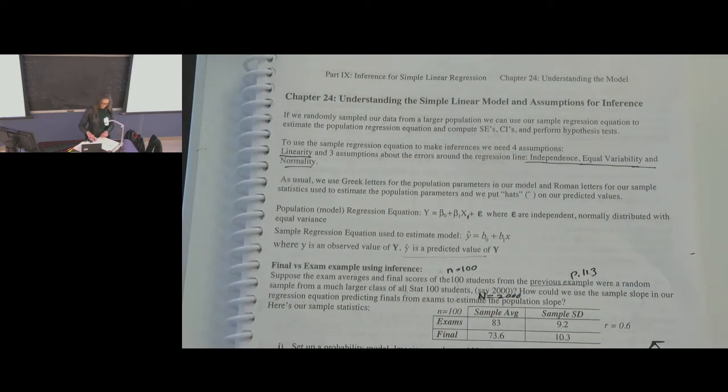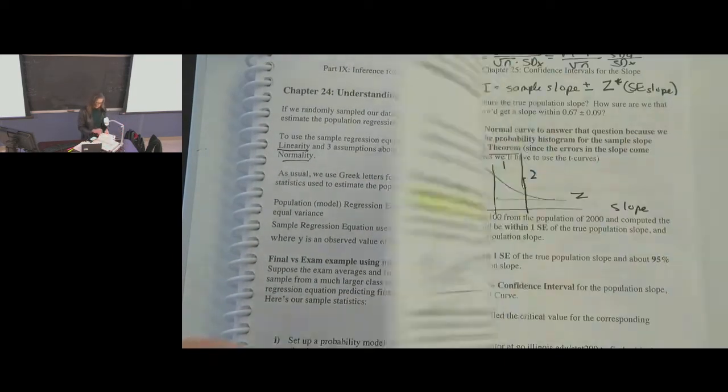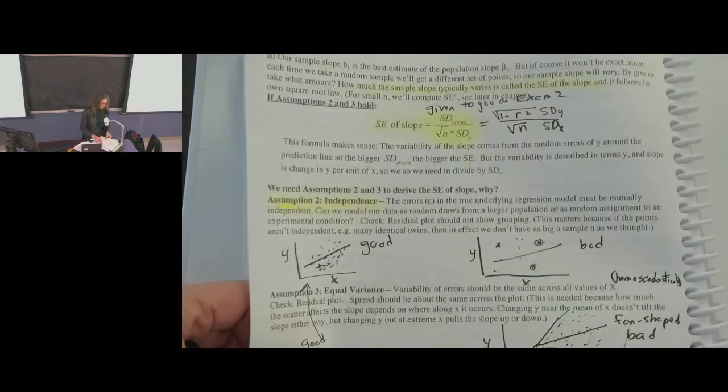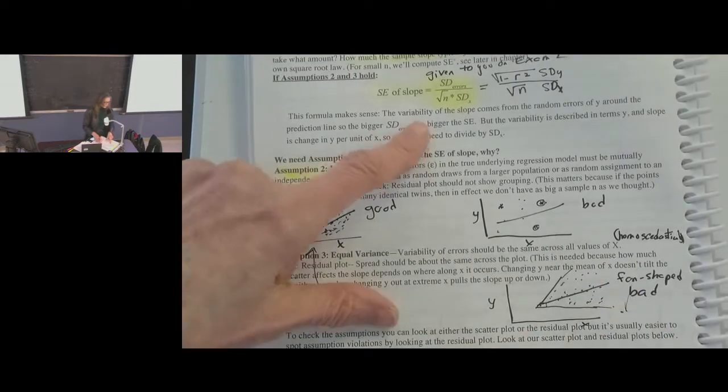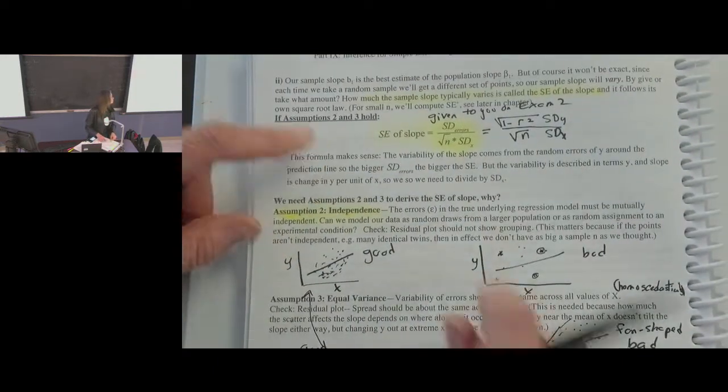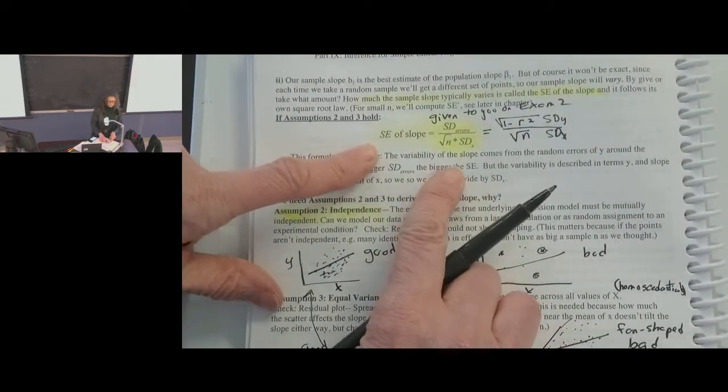We didn't want something that looked fan-shaped like this, or where the variance changes across X. We want the same variability all the way across X. So those 2 assumptions allowed us to compute this standard error of the slope.